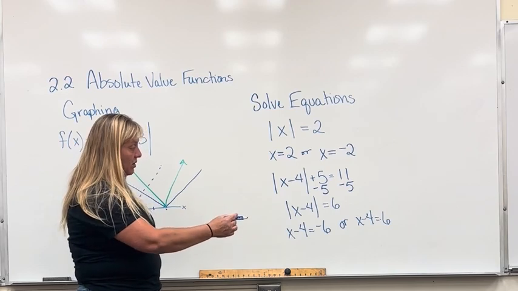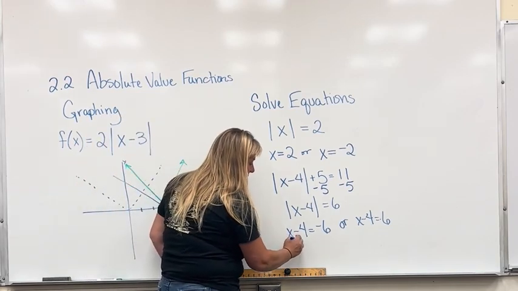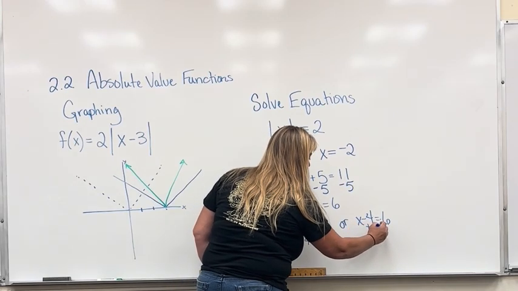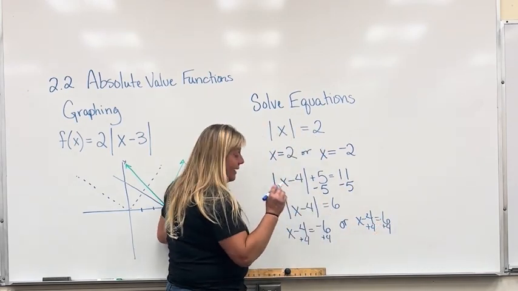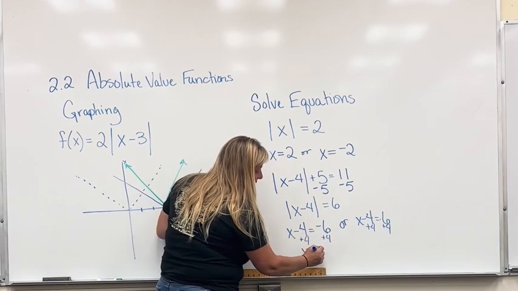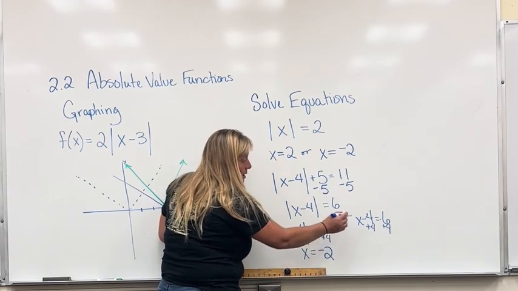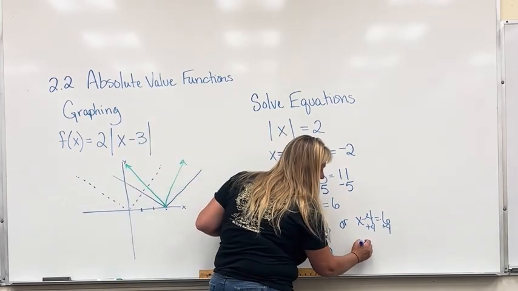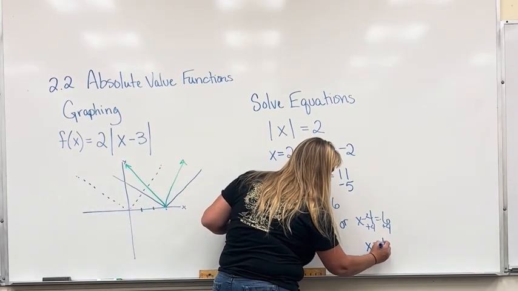And in both cases, we're going to add 4. But don't get lazy. When you add 4 on this one, the answer is going to be negative 2. But when we add 4 on that one, we're going to get a completely different answer. When we add 4 on this one, we're going to get 10.